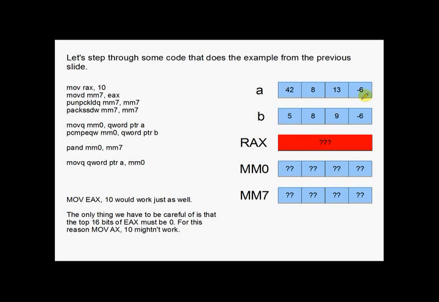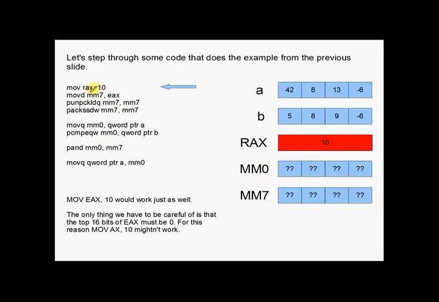This is word 0 over the right, word 3 over the left, and here I've got RAX, which currently has garbage in it. I don't know or care what's in there at the moment. And the same with MM0 and MM7. I've drawn MM0 and MM7 up as words, since that's what I'm going to be using them as. And they're filled with garbage at the moment.